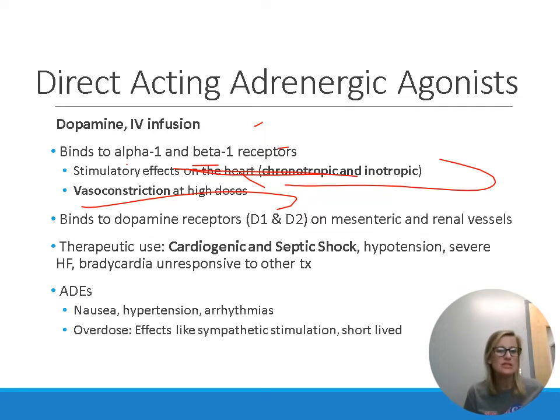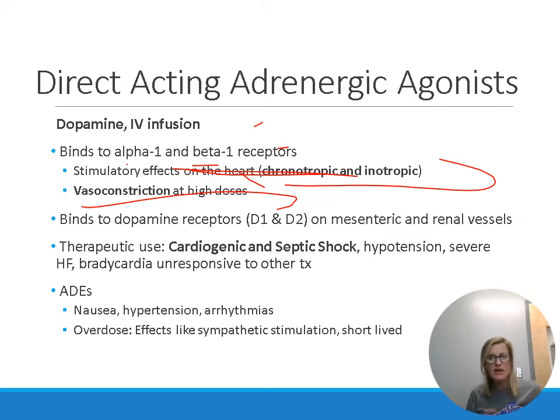It also binds to dopamine receptors, D1 and D2 receptors, on the mesenteric vessels and renal vessels. This is important because this dilates these blood vessels and increases blood flow to the kidneys and other viscera. This is opposite of norepinephrine.